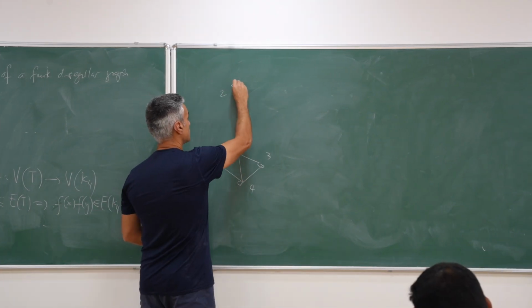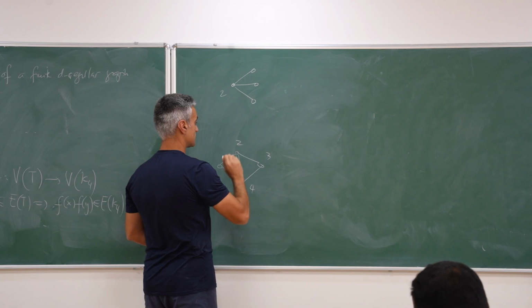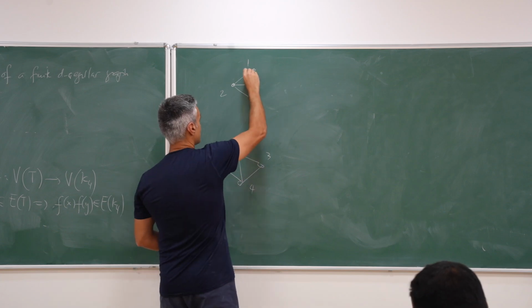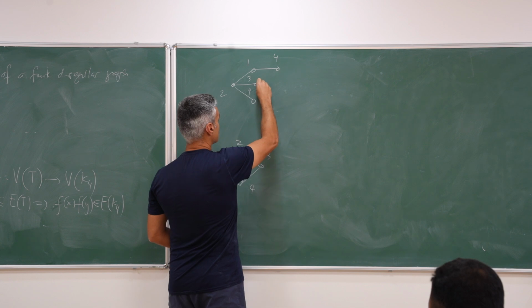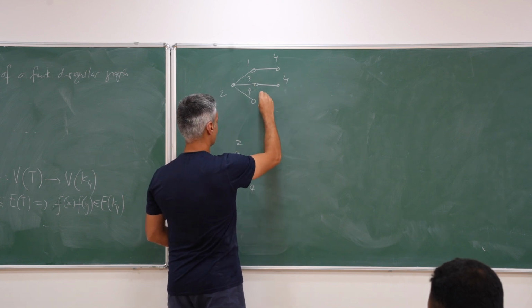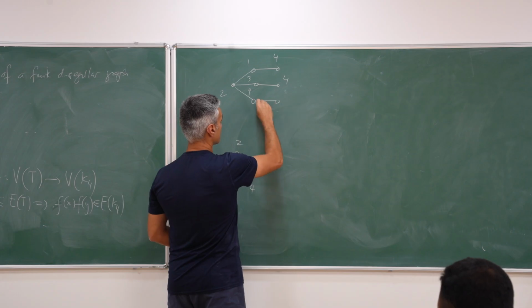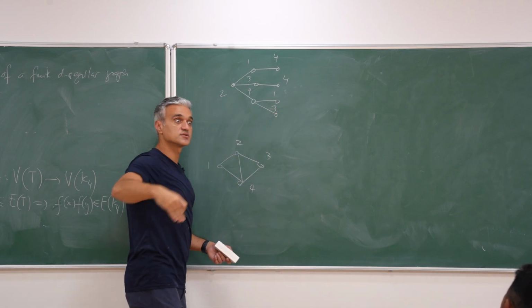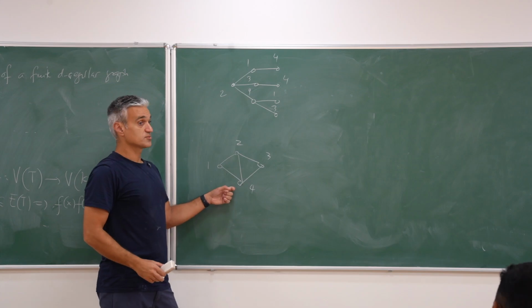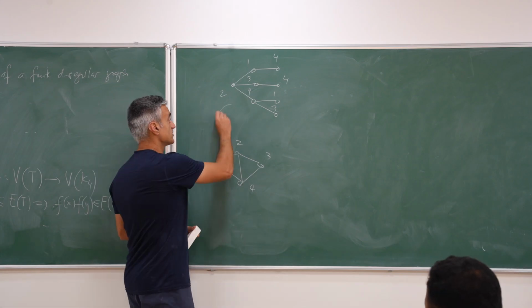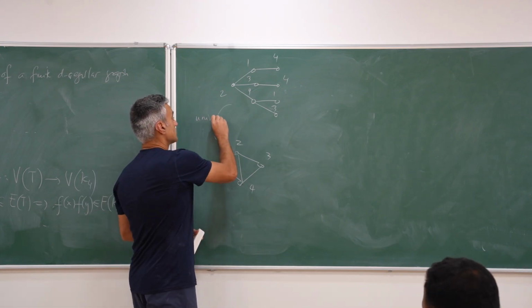Let's say 2 has 3 neighbors, and I can label them 1, 3, 4, and then 1 has 4, 3 has 4, and then 2 has 1 and 3. And then you continue like this. And you will get a universal cover of this finite graph.